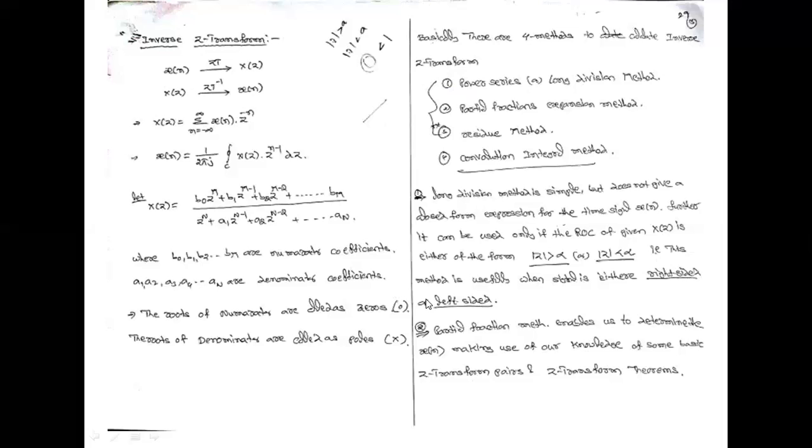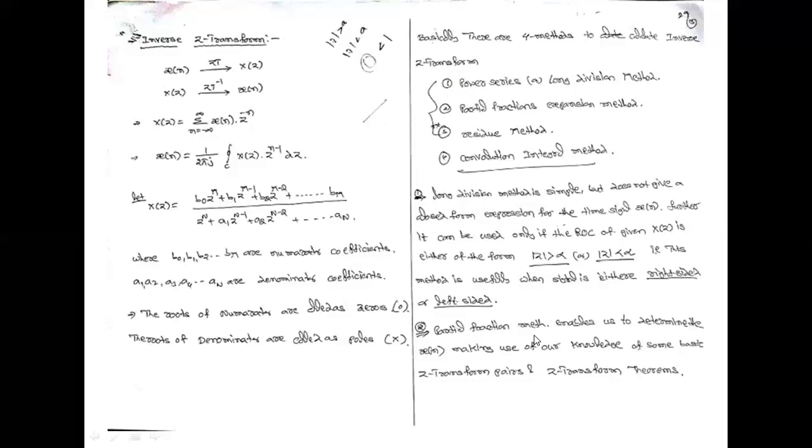That is, this method is useful when the signal is either right-sided or left-sided. The long division method, or power series method, is nothing but the sum from minus infinity to infinity. You can do it as right-sided from 0 to infinity, or left-sided from minus infinity to minus 1.